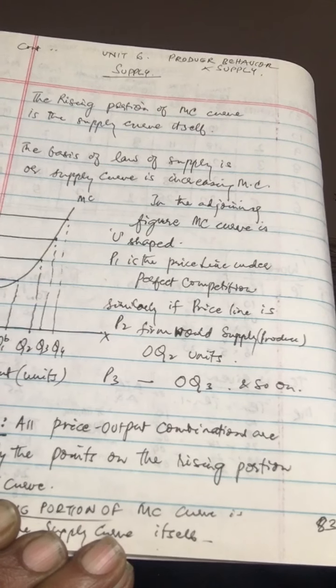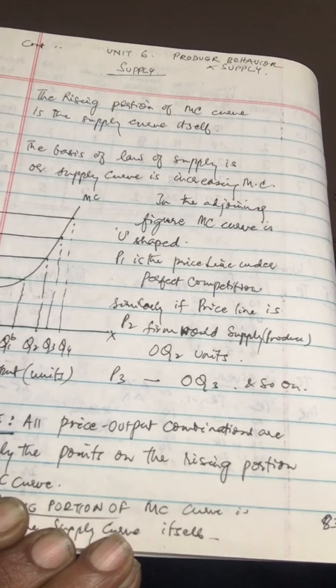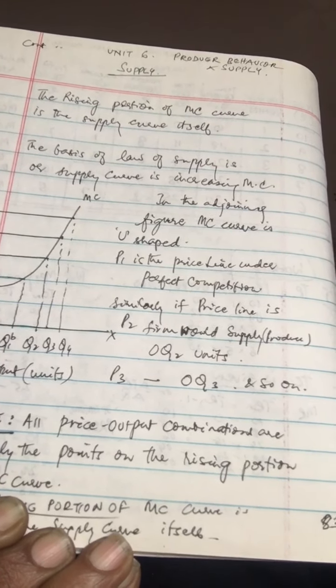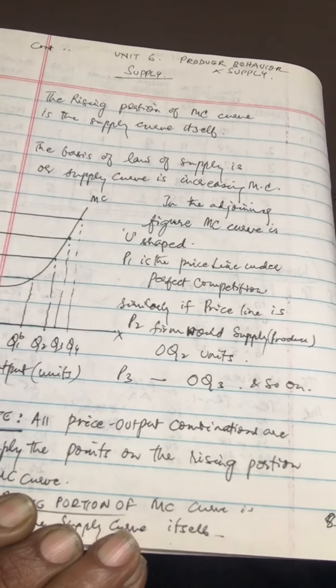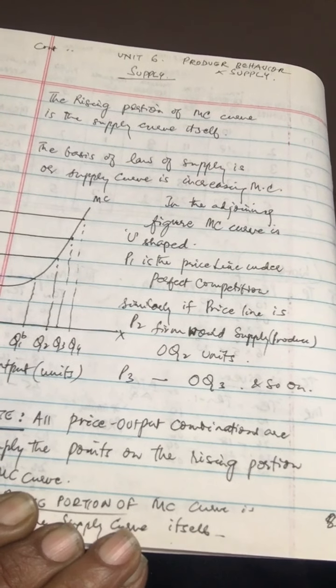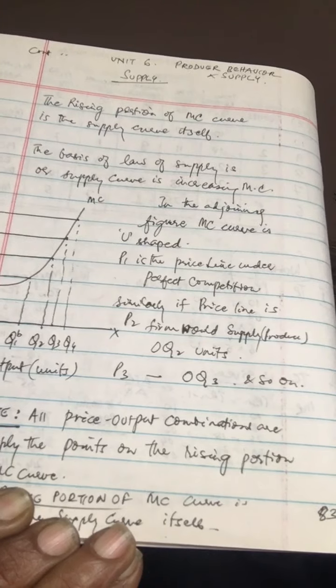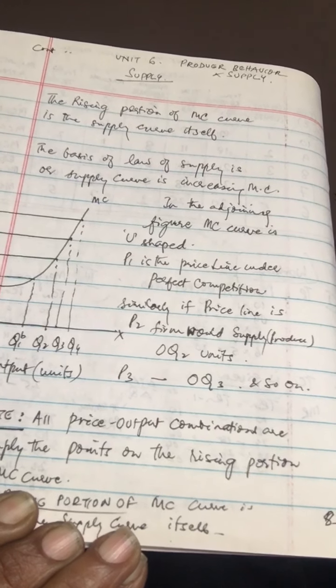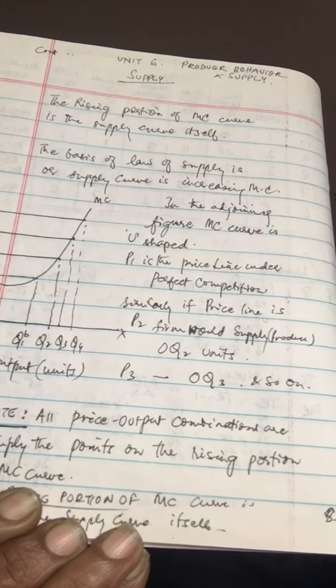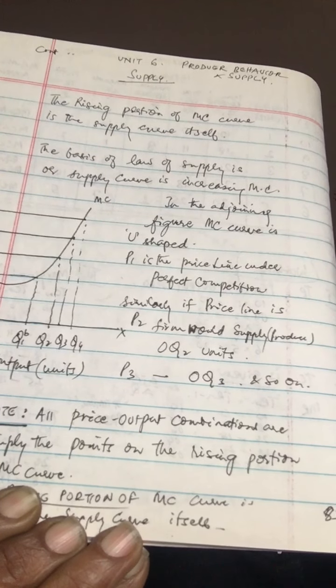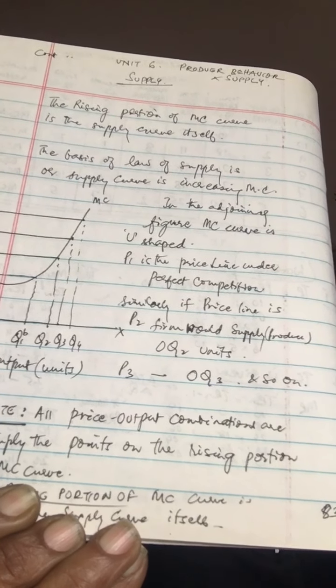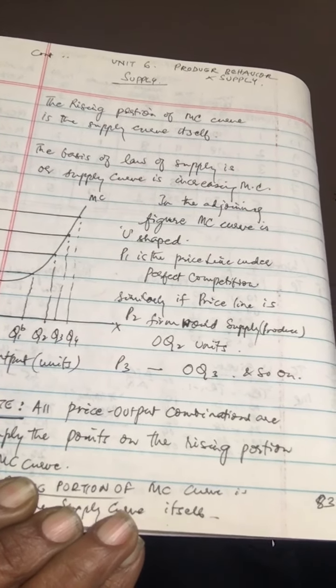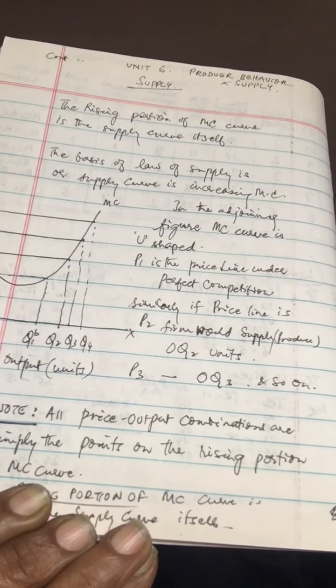At OP3 level of price, it would supply OQ3 level of output. We clearly see that all price-output combinations are simply points of the rising portion of the marginal cost curve, because it's cutting the price line from below.